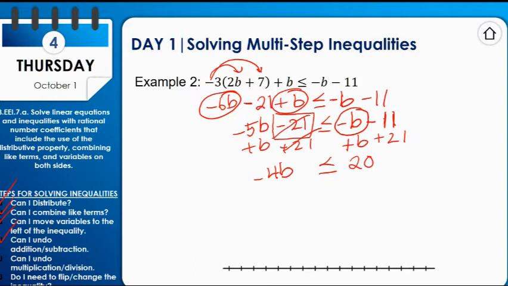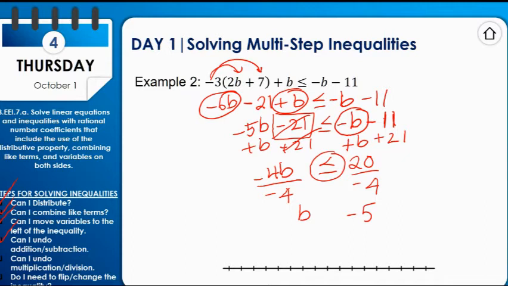Can I undo multiplication or division? In order to undo multiplication, which is -4 times b, I divide both sides by -4. Negative over negative becomes +b. Positive over negative becomes negative.